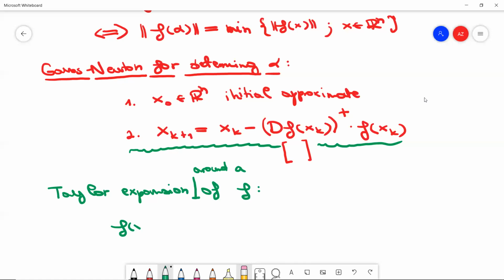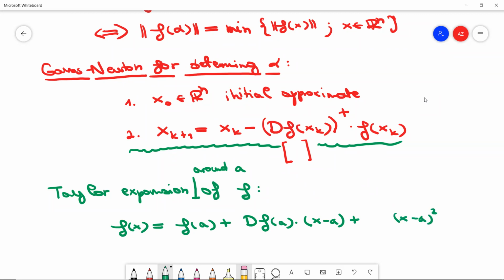So f of x is f of a plus the Jacobian matrix of f in the point a times x minus a, and then plus higher terms, x minus a squared.